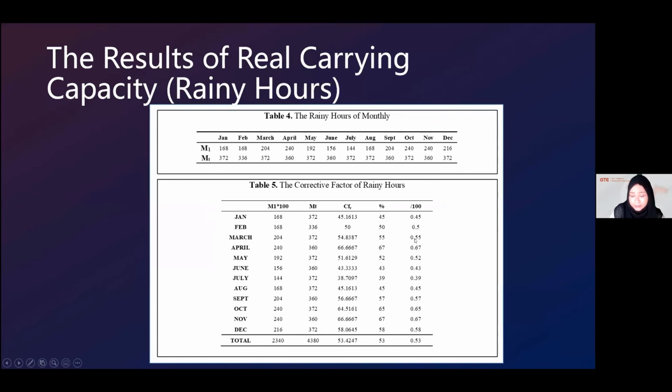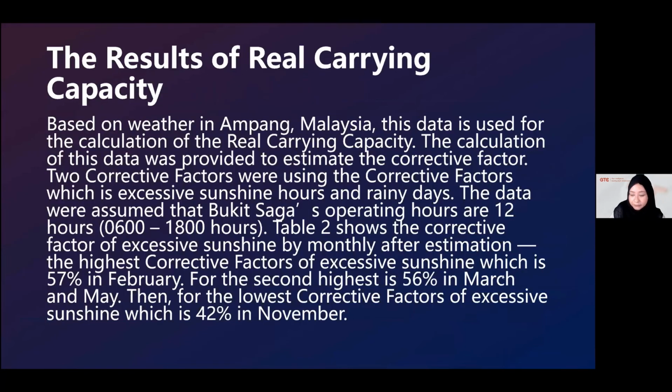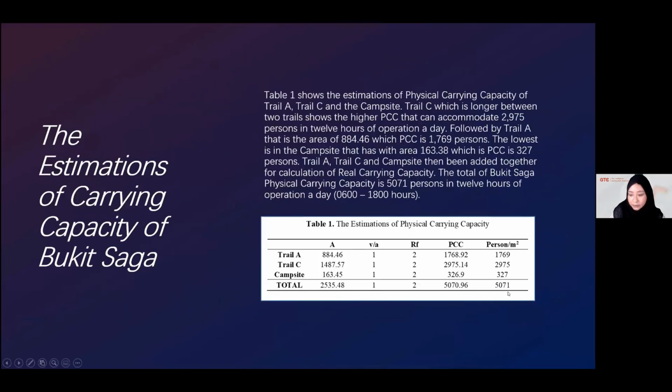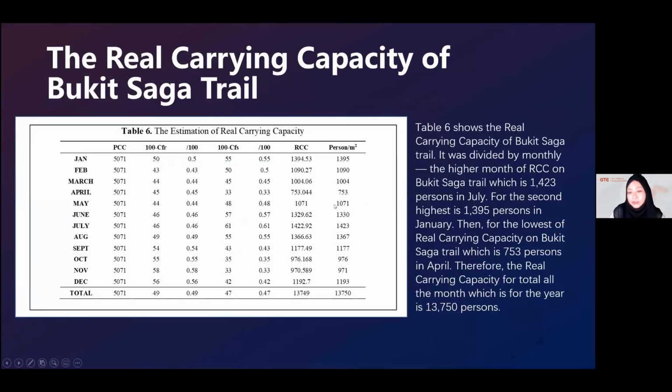These two factors have been included in the calculation, so that we have the estimation of carrying capacity. Again, I go into the first, 5071. We have a lower number of visitors because we have subtracted the factors.